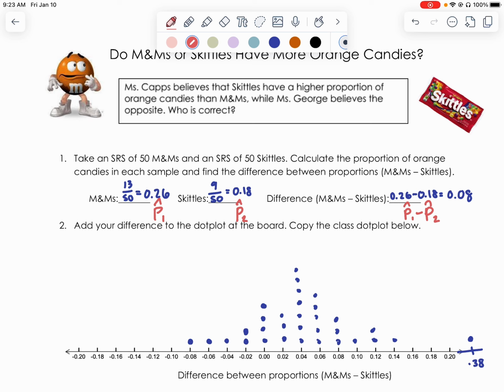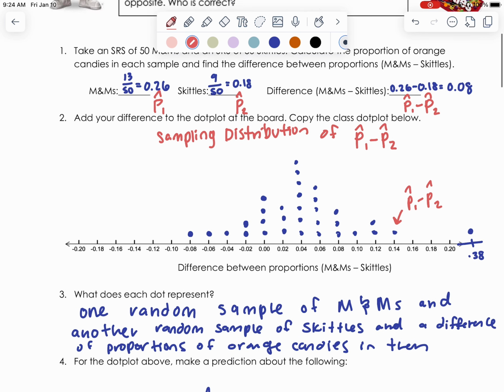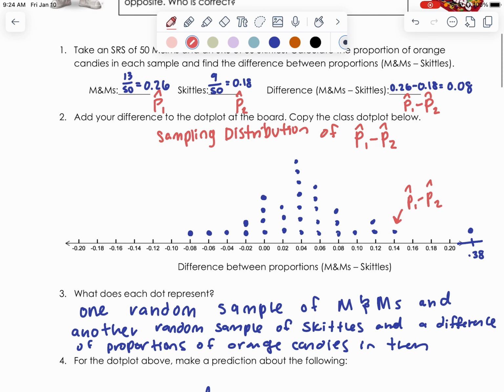So we have this dot plot here, which I would label as a sampling distribution of p hat 1 minus p hat 2. Each individual dot is a different group's p hat 1 minus p hat 2. That's how you would have described in question 3 what each dot represents.